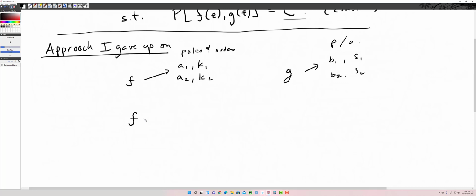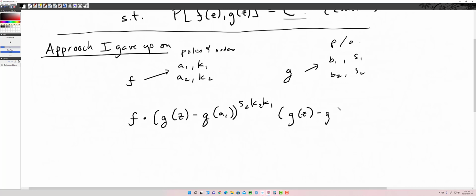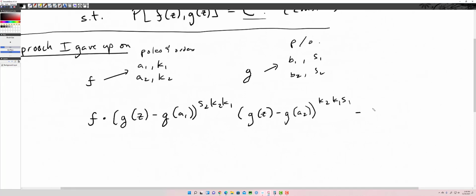If you write F, and you multiply F by G of Z minus G of A1, to the S2, K2, K1, and then you multiply that by G of Z minus G of A2, to the K2, K1, S1, and then you subtract G of Z to the 2K1, K2, S1, S2.